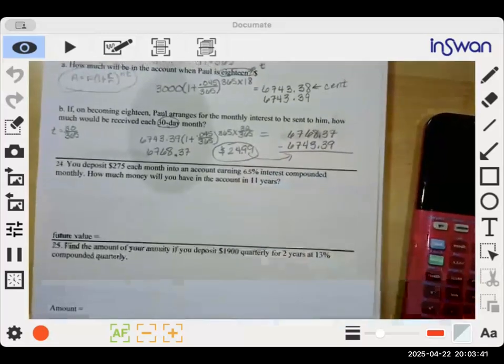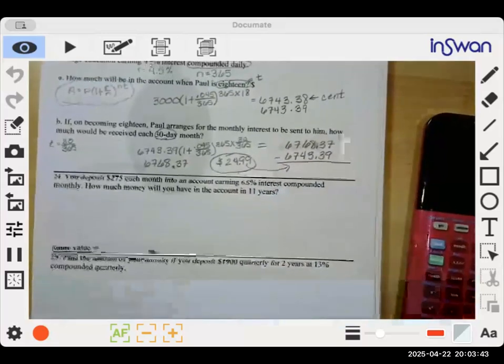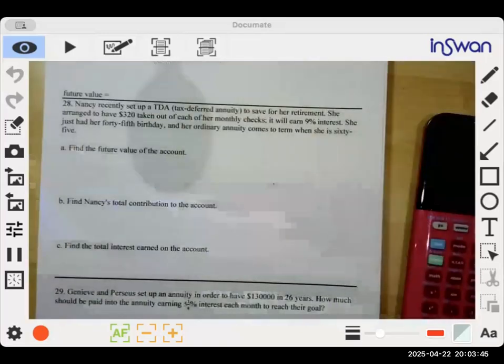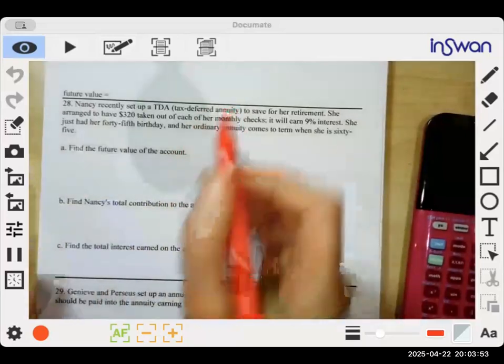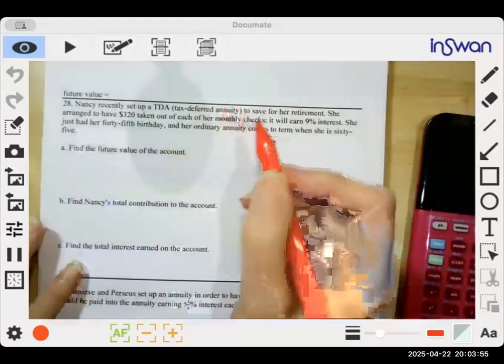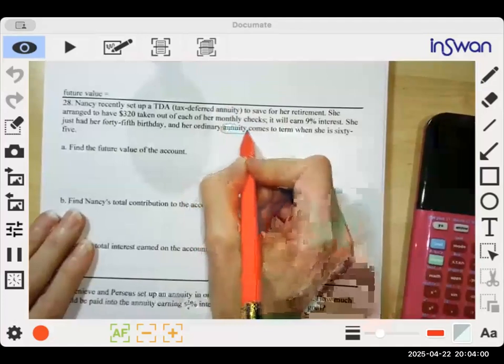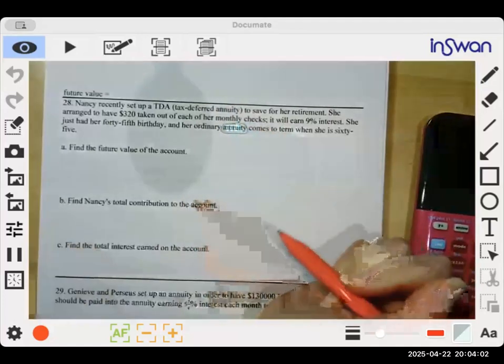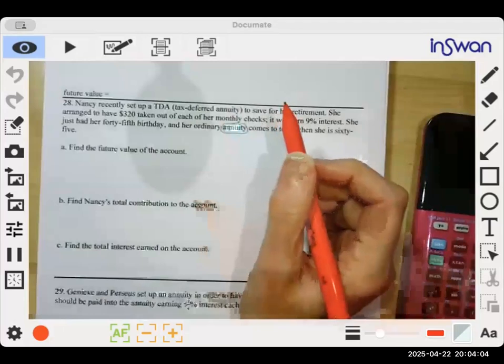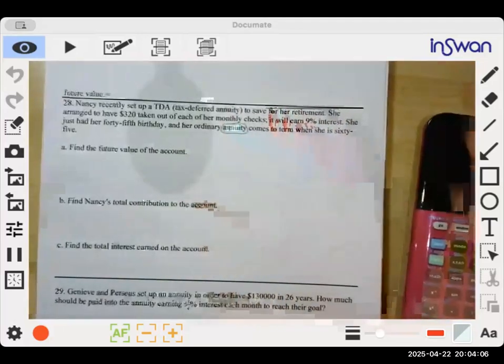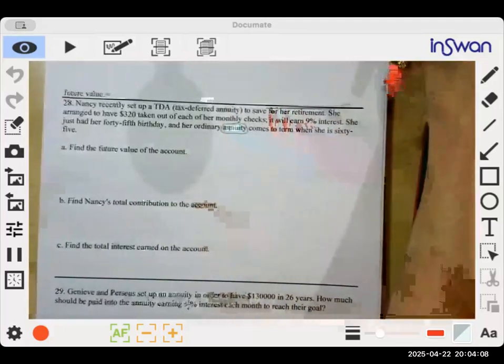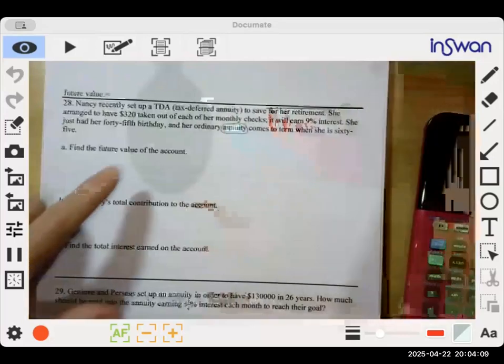Okay. So next up is number 28. I look through and try to find keywords, and I see the word annuity. So I know I'm going to use the large formula with only positive exponents.